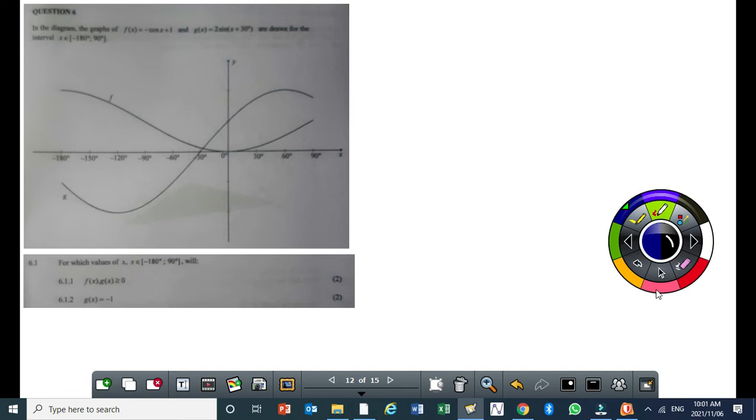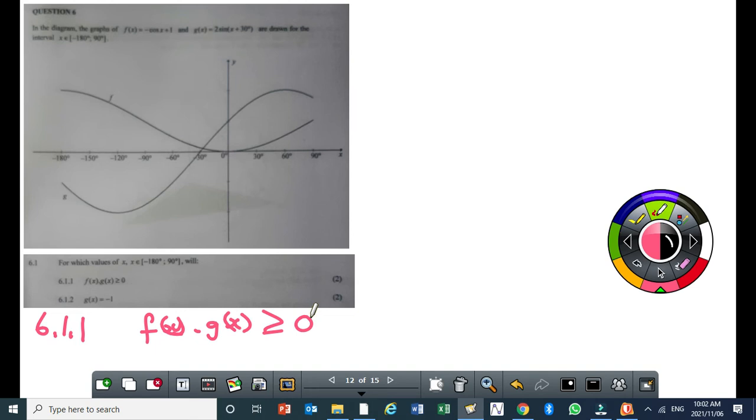I think I've said this again and again. f of x is y, g of x is y. It's only that we have got two graphs. So we've got y for the cos graph, y for the sine graph. So the question is saying, tell us what values of x are such that if you multiply the y values, okay, so this is 6.11, it says f of x times g of x is greater than or equal to 0.